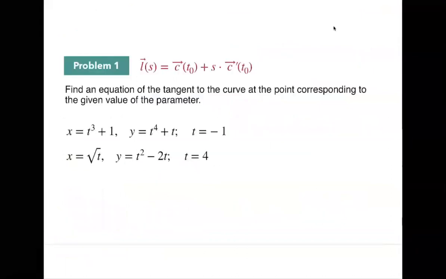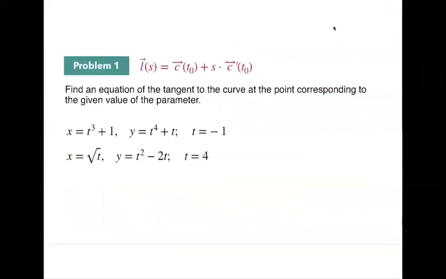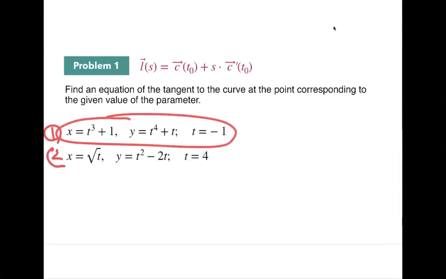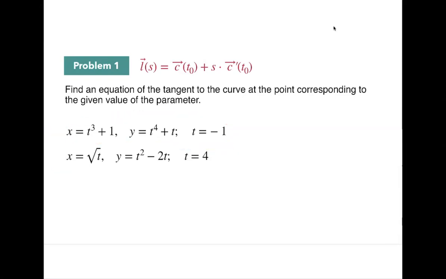Let's solve some problem here. In this problem, let's find an equation of the tangent to the curve at the point corresponding to the given value of the parameter. Here there are two problems, but I will solve only one. In problem one, x and y are parameterized by the parameter t.